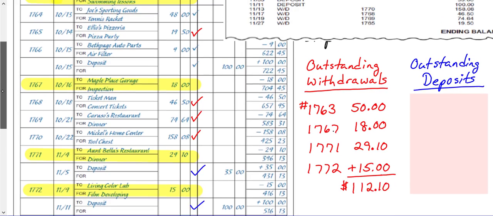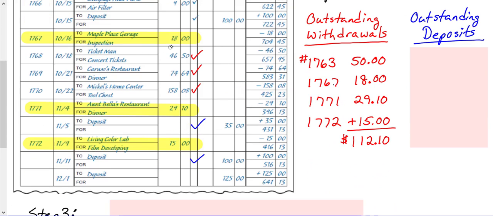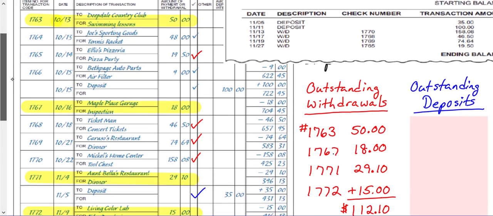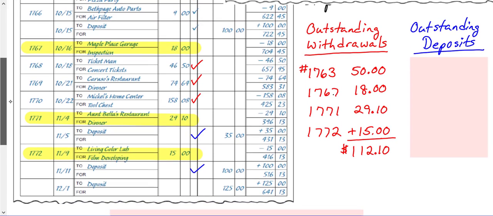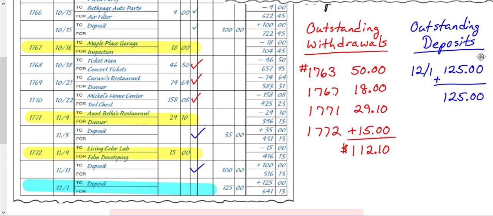Okay, so let's look for anything else deposit-wise that we have not marked off yet. So there's nothing at the top, and we keep looking down our register until we get to 12/1. So we see there was a deposit on 12/1 that had not been accounted for yet. So our total outstanding deposits are $125.